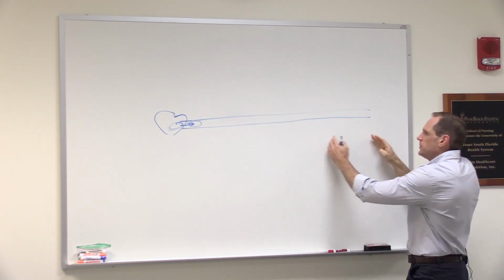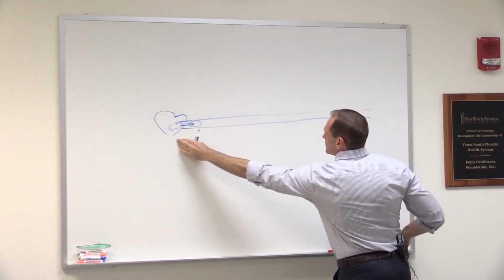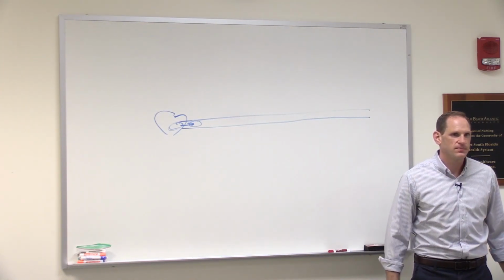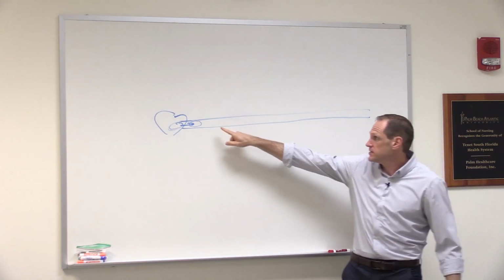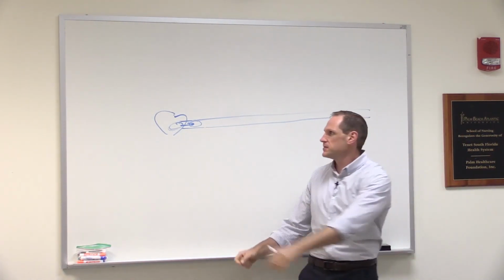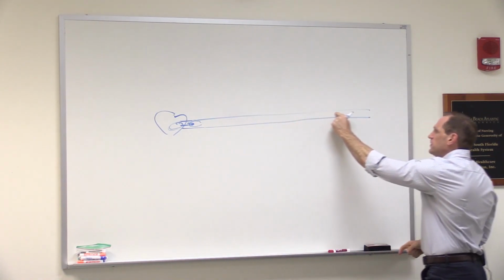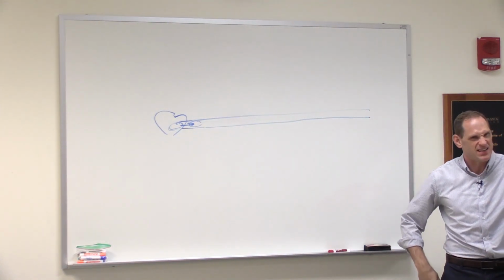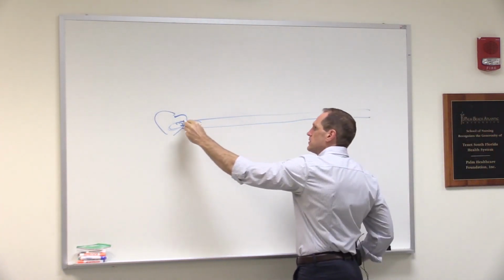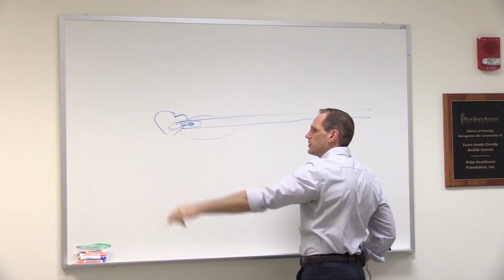So the longer this tube is, the more pressure the heart has to pump, right? That's not how our heart works. The reason why is the aorta is stretchy. So when your heart pumps, you don't have to push every little bit of blood throughout the entire body at that exact moment in time. You really just have to pump blood against the amount of blood in the aorta itself.